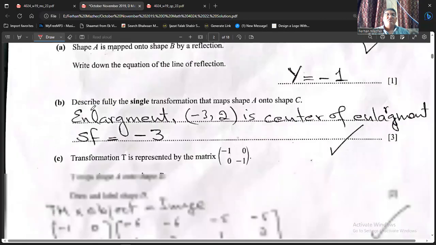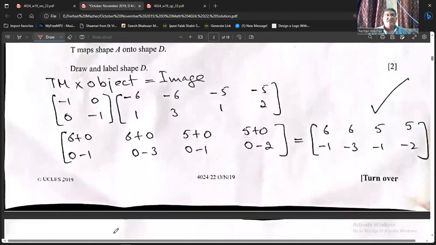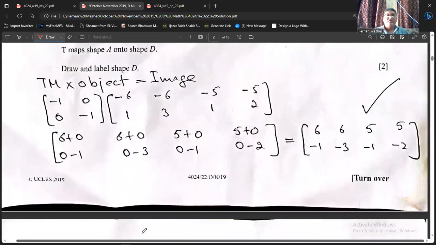So I will note down these. This is my object. These are the coordinates of the vertices of my object. So I know the transformation matrix, that is (-1, 0; 0, -1). And we know that the transformation matrix multiplied by the object equals the image. So I will multiply the transformation matrix with the object, sorry.